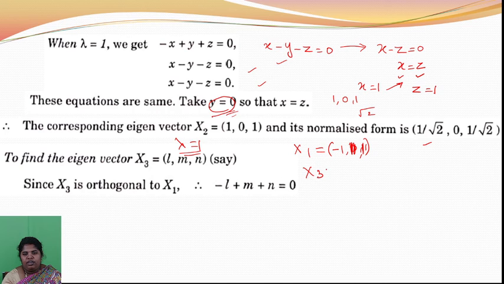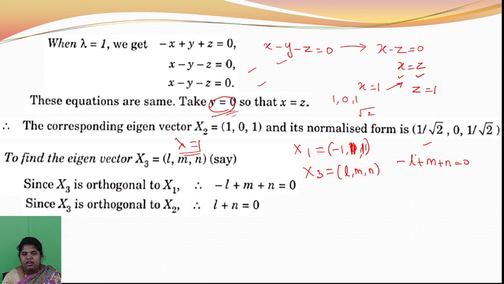Now we take x3 as (l, m, n). So take the product. Since x1 is orthogonal to x3, minus l plus m into 1 plus n into 1 equal to 0. So this is one expression. Also, x3 is orthogonal to x2, so we are forming the orthogonal transformation. The value of x2 we have found as 1, 0 and 1.